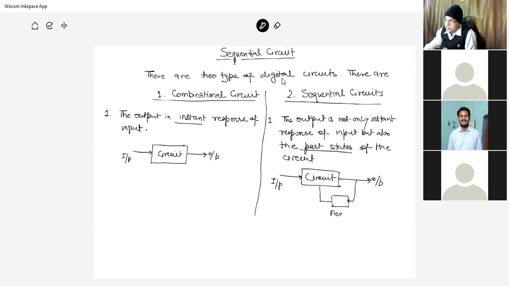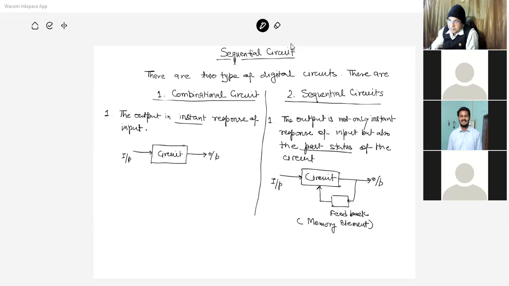This is your feedback of the circuit. So the past status is stored in the feedback part, and then this feedback part is known as memory. This is the memory element.